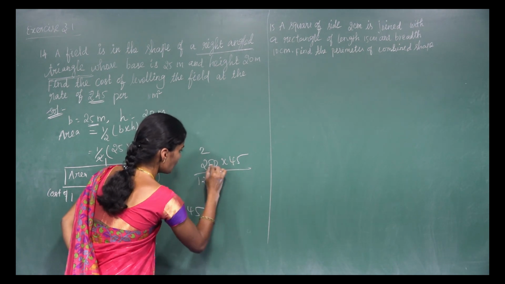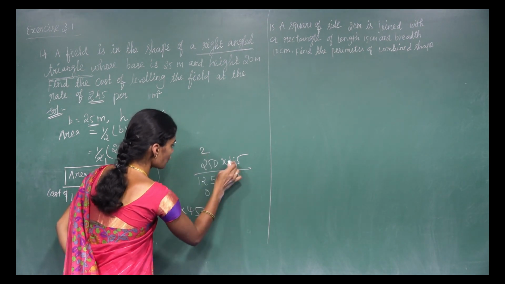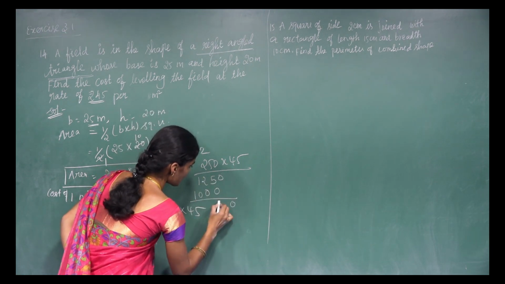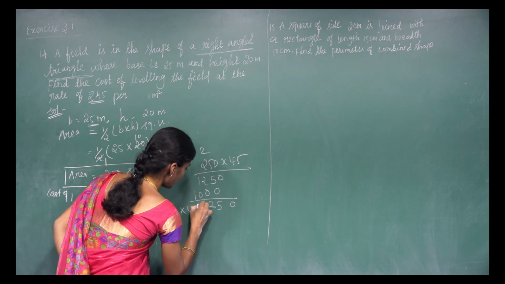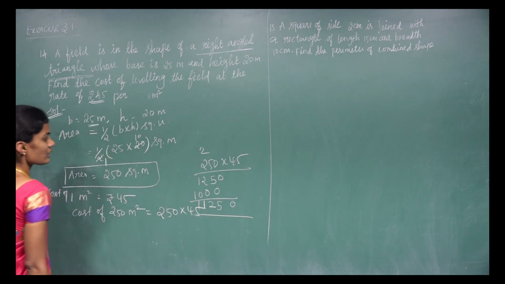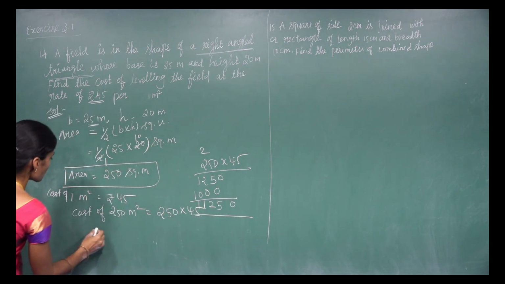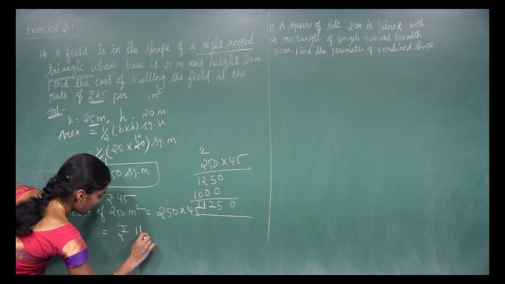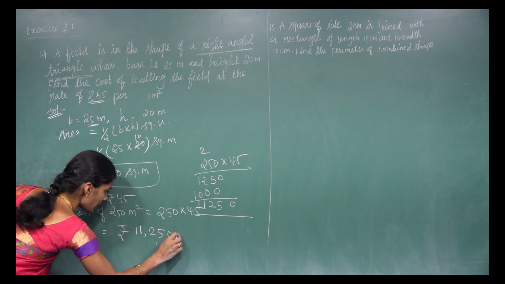Next, 0, 4 5s are 20, remaining 2, 4 2s are 8, 8 plus 2, 10. So I want to add here 0, 5, 2, 1, 1. Can you understand or not? Yes. So, the cost of 250 square meter is rupees 11,250.